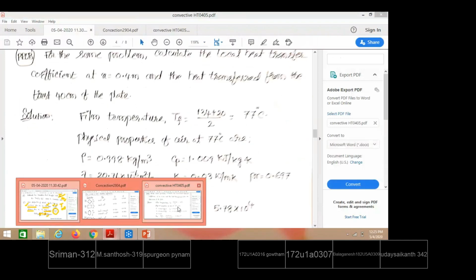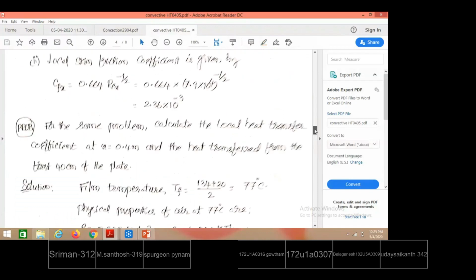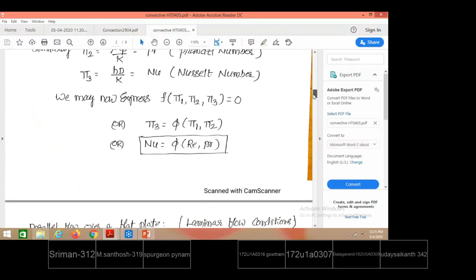You see here, I told you, when we applied the dimensional analysis for forced convection, we derived the Nusselt number as a function of Reynolds number and Prandtl number.